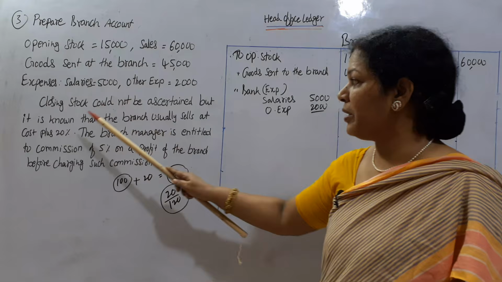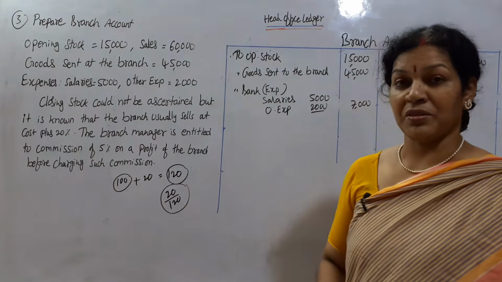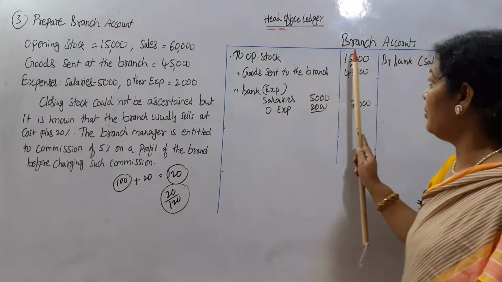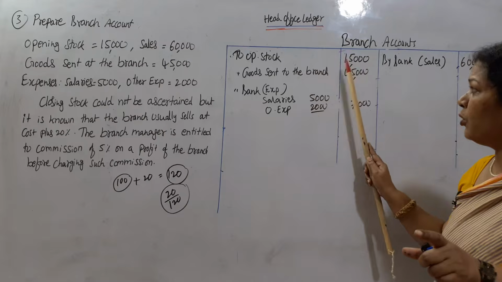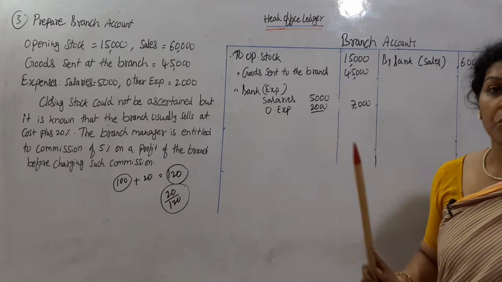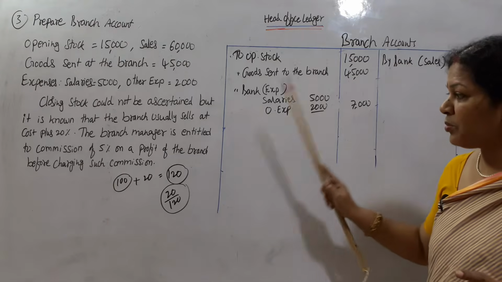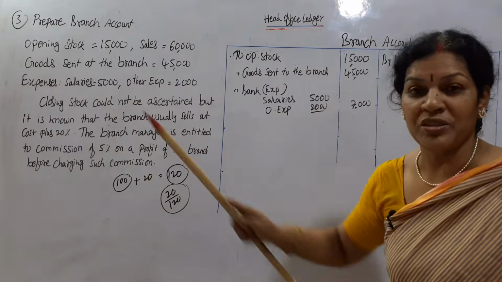Closing stock could not be ascertained. It is known that the branch usually sells at cost plus 20%. On what? On both the things, opening stock and goods sent to the branch. Together we can say this is the total stock. On this we have to calculate cost plus, so that we get the closing stock.